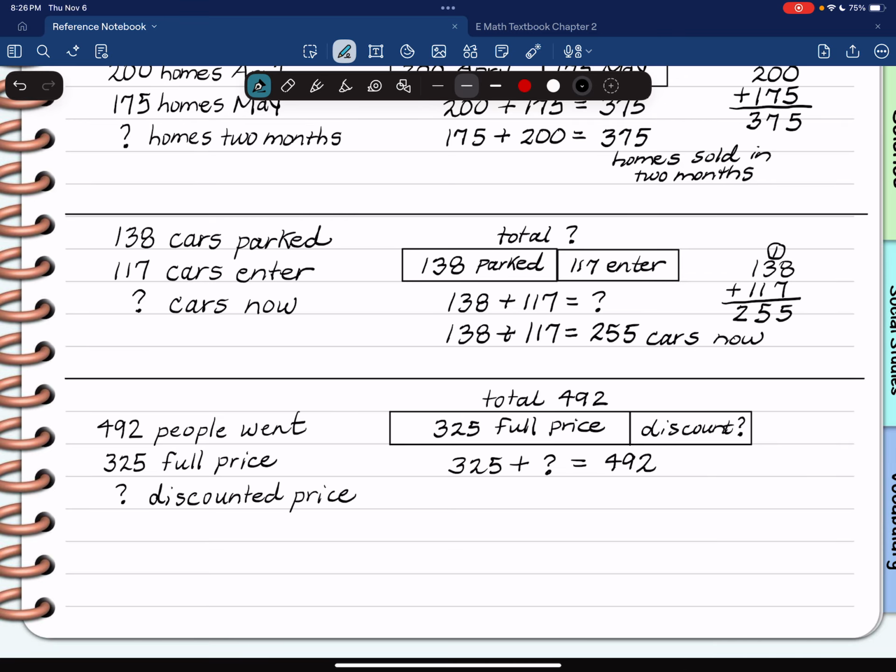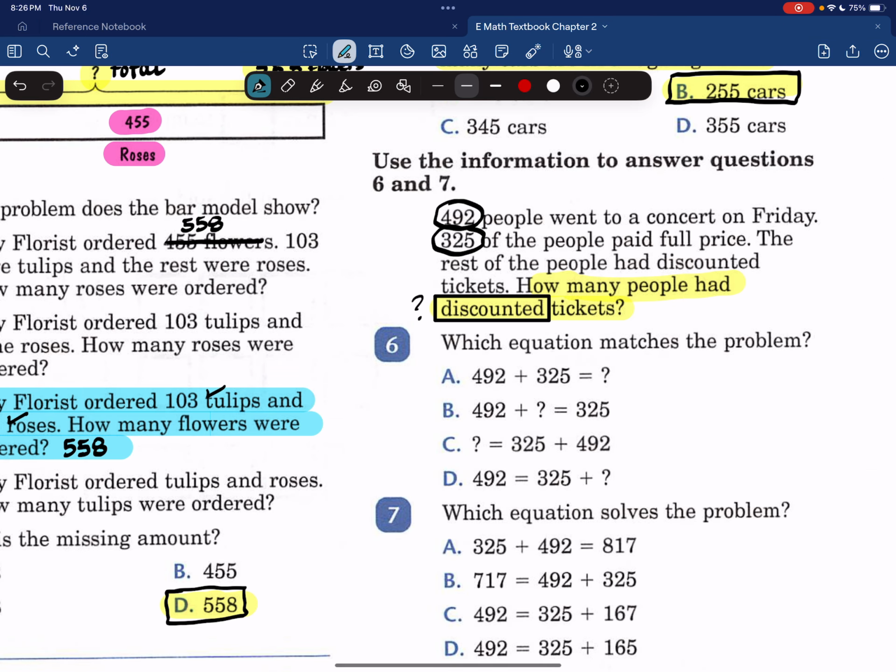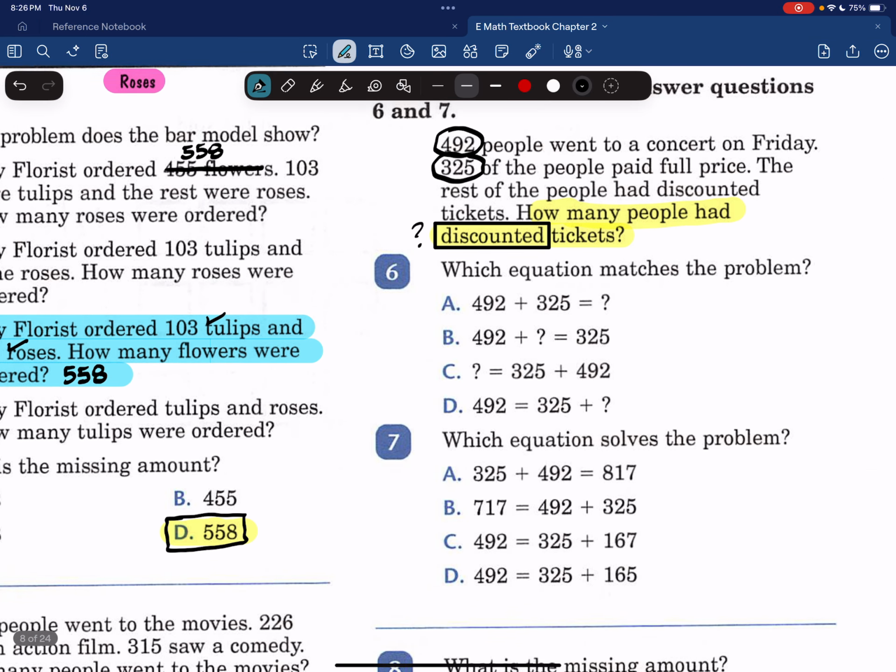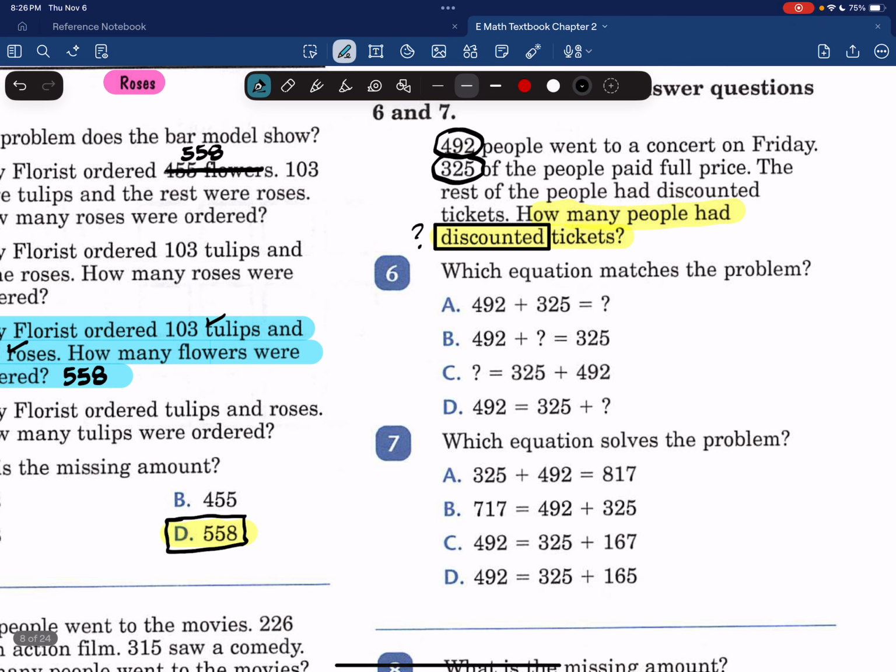We don't know the discounted group yet. So let's go back to our questions and see what they're wanting us to do. Which equation matches the problem? Well, it's this one. And let me bring ours over here.